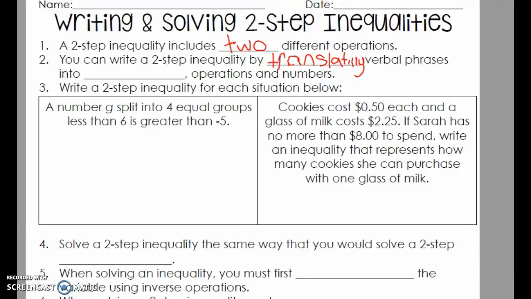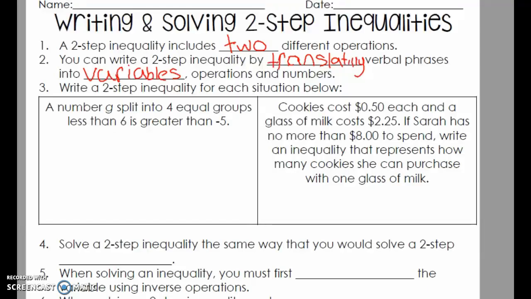Translating verbal phrases into variables. And keep reading. Operations and numbers. Write a two-step inequality for each situation.